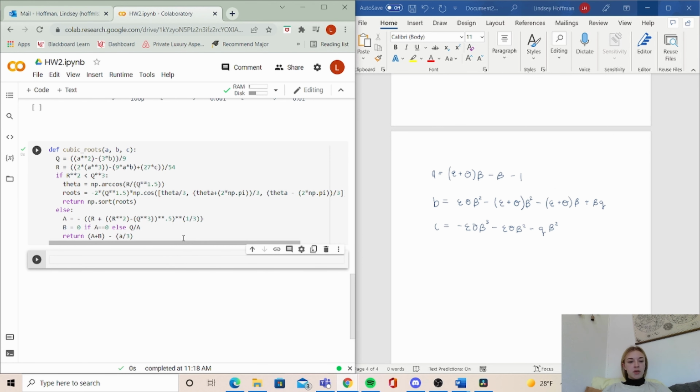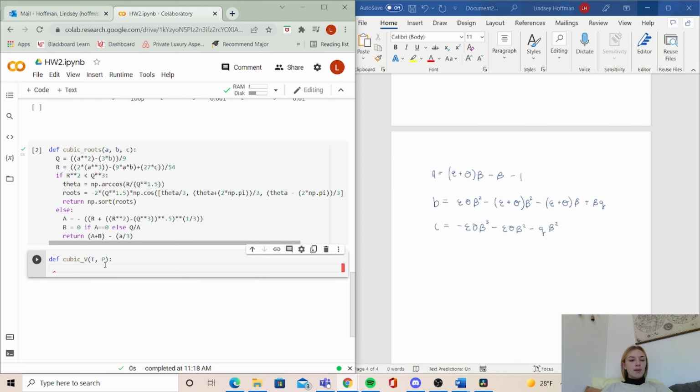So now it looks like we are ready to take our cubic roots A, B, and C to find our cubic specific volume. So we're going to start out by defining this function and call it cubic V of temperature and pressure, because those are the temperature and pressure we're going to already know and can import.